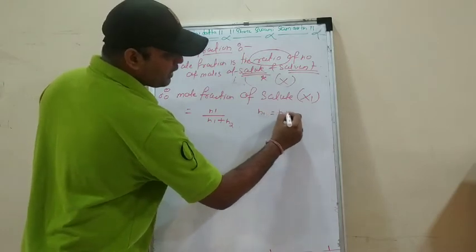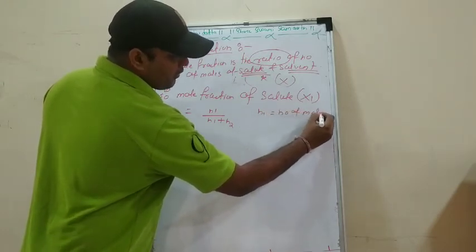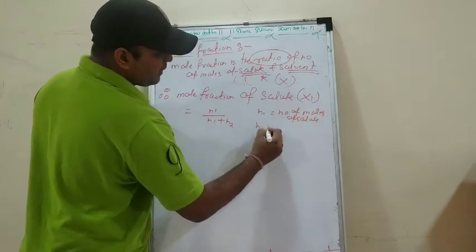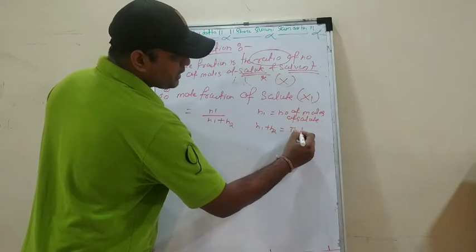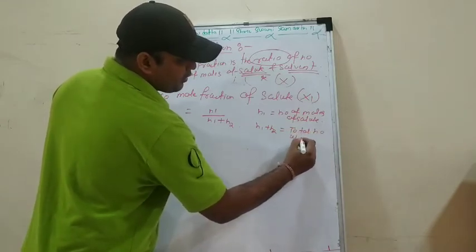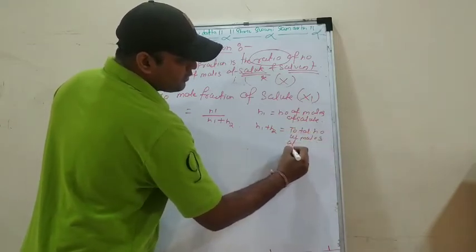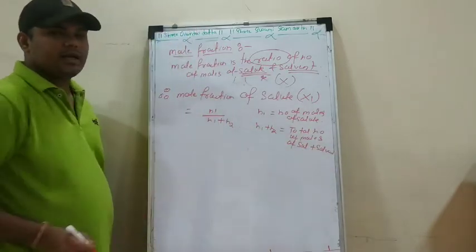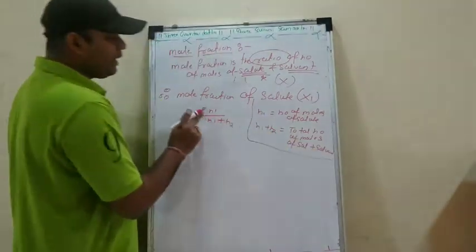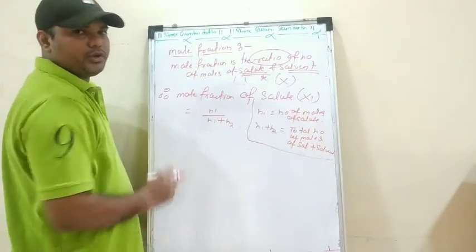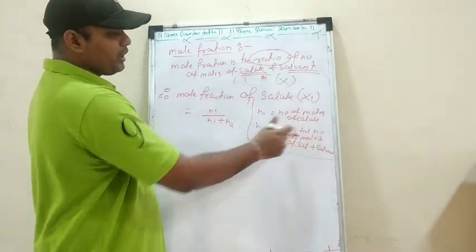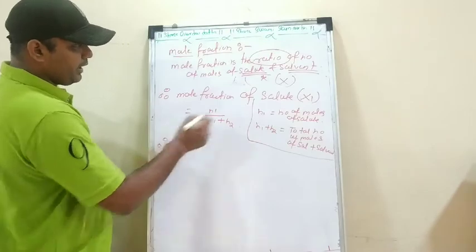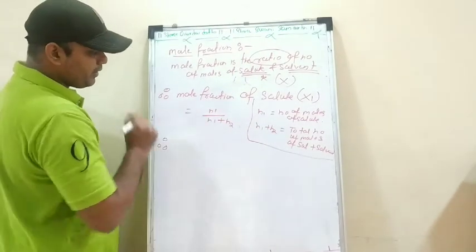N1 is the number of moles of solute. And N1 plus N2 is the total number of moles of solute plus solvent. So X1 will be equal to N1 by N1 plus N2.